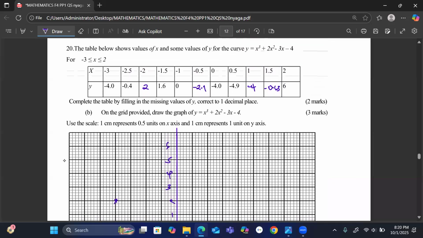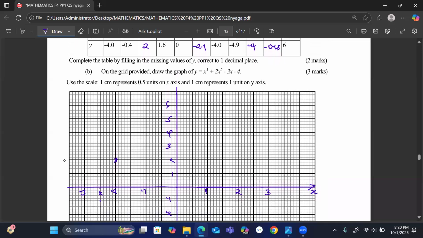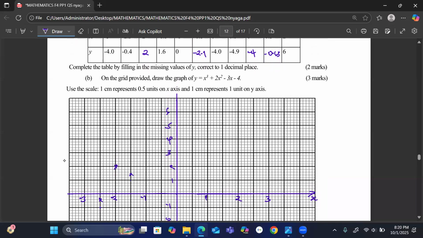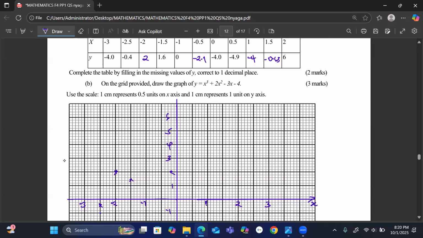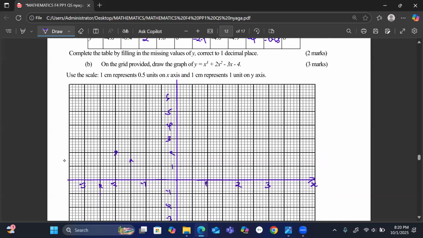Then we have -1.5, 1.6. Then -0.5, -2.1, somewhere here.